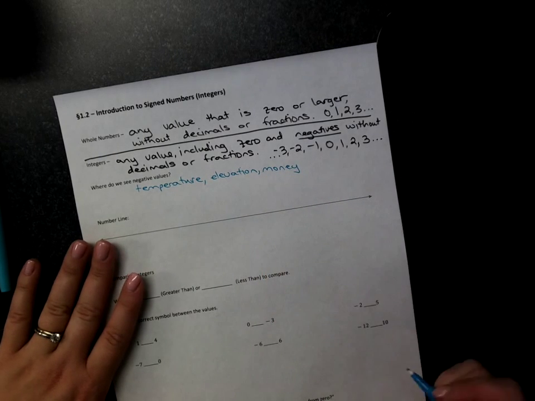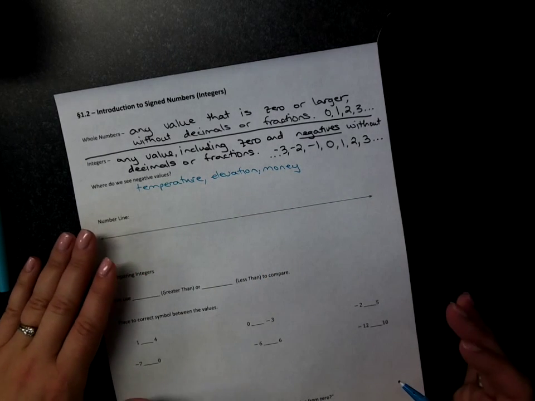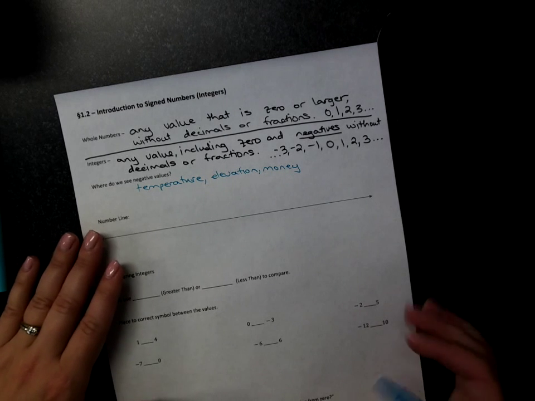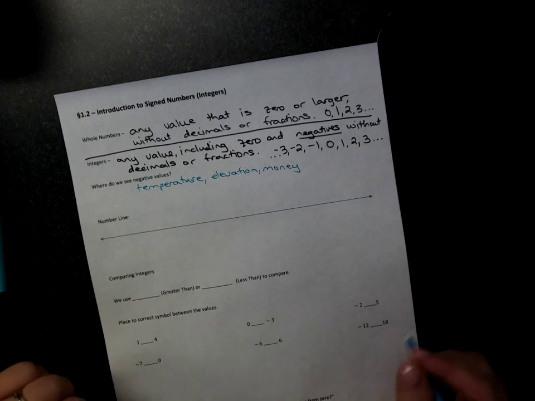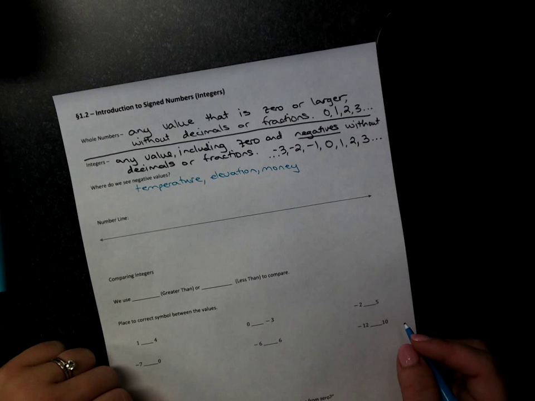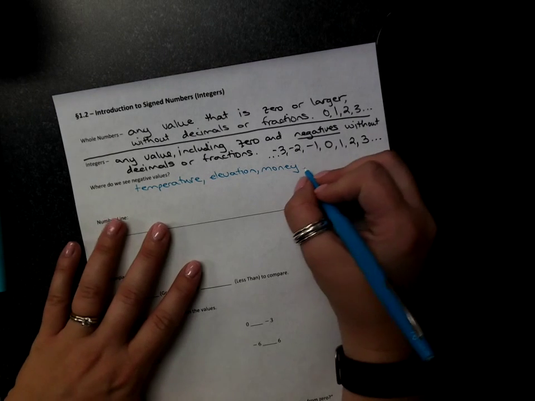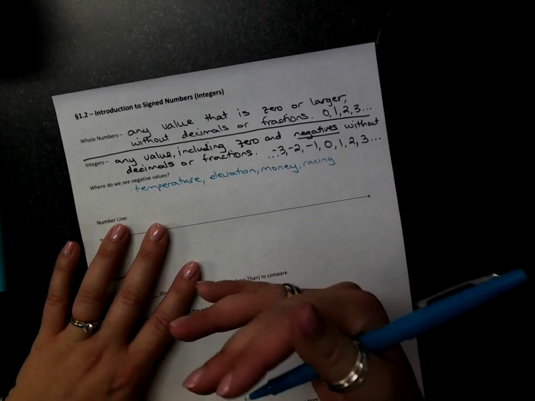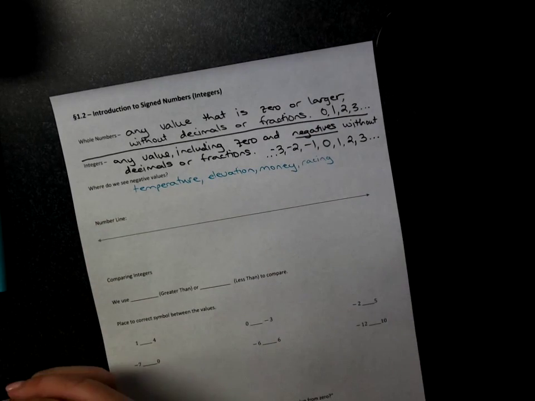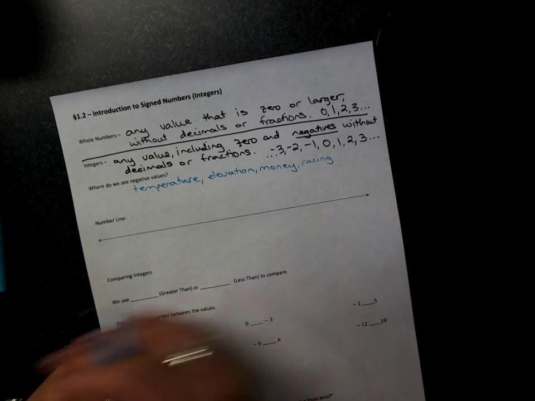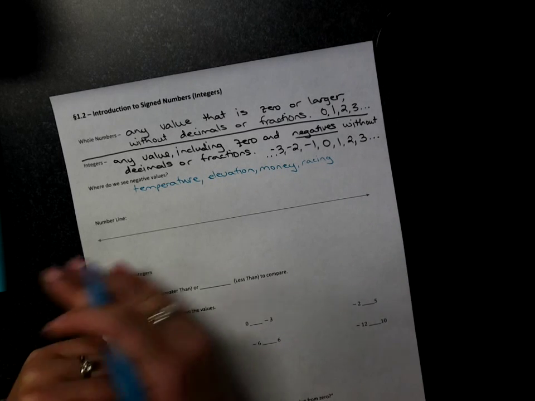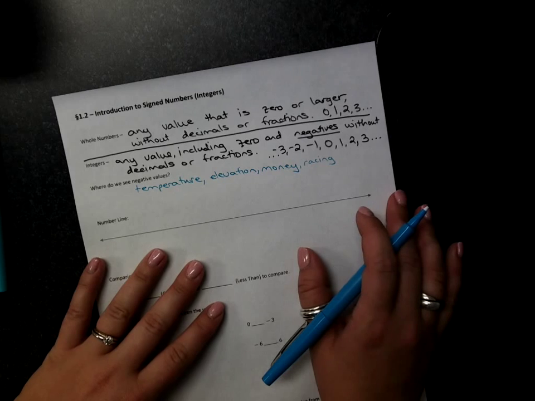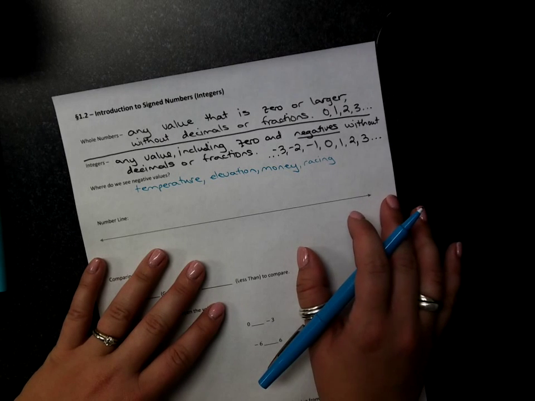Maybe you returned something to the store and got a credit back, or maybe you owe someone money, so it's kind of negative. So money can be negative. There's lots of other examples. When you're racing, if you beat your previous time, the difference will show a negative value if you went faster the second time than you did the first time. So the book has a lot of different examples of where we see negative values.